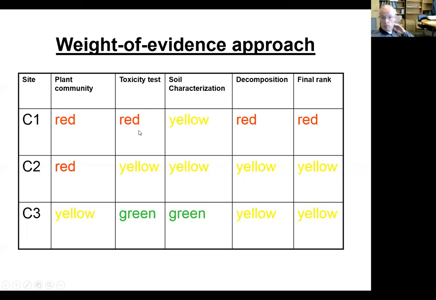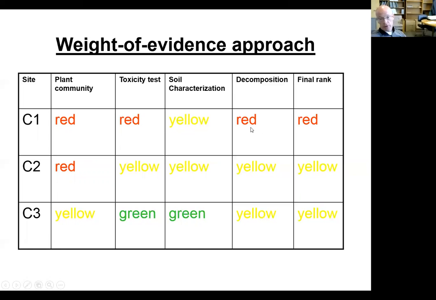Toxicity tests, when plants were grown in these soils, they did not grow well at all compared to reference soils. So they were also red. In terms of soil characterization, the metal levels themselves weren't greatly elevated. So in that case, a yellow color was assigned.